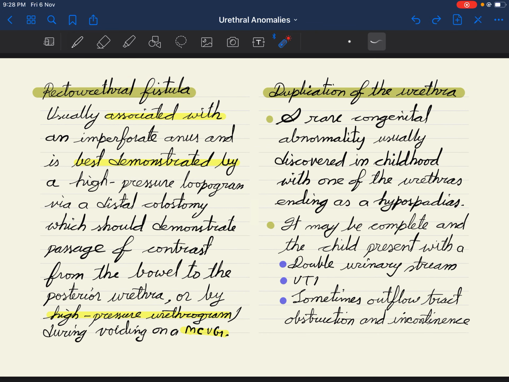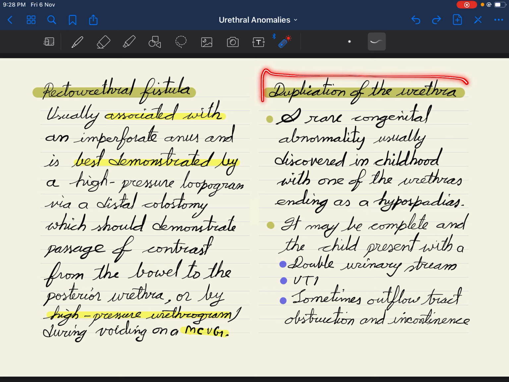Rectourethral fistula is usually associated with an imperforate anus and is best demonstrated by a high-pressure loopogram via a distal colostomy, which should demonstrate passage of contrast from the bowel to the posterior urethra, or during voiding on a micturating cystourethrogram.